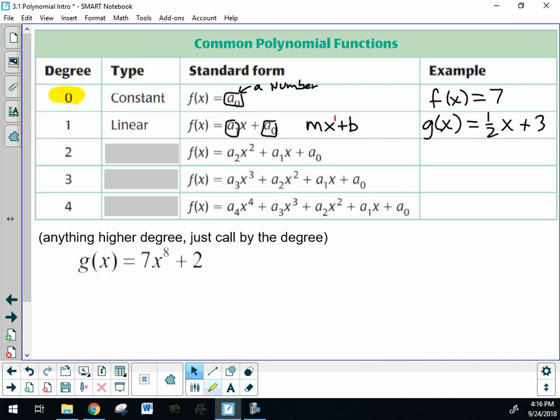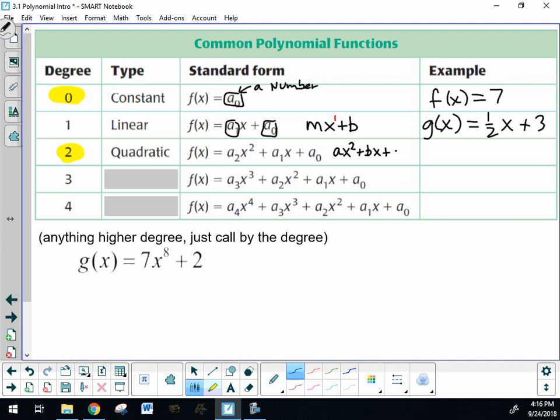The next type, degree 2 polynomials, you have also studied a lot before in the past. We call those quadratics. So it would be a number times x squared plus a number times x plus a number when it's in standard form. And a lot of times the letters that we use for that are ax squared plus bx plus c.